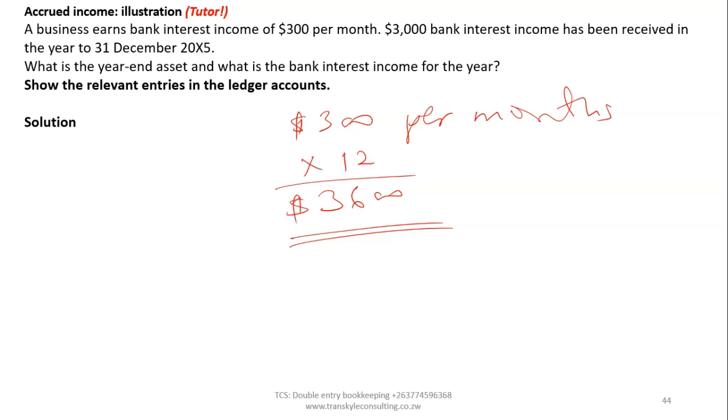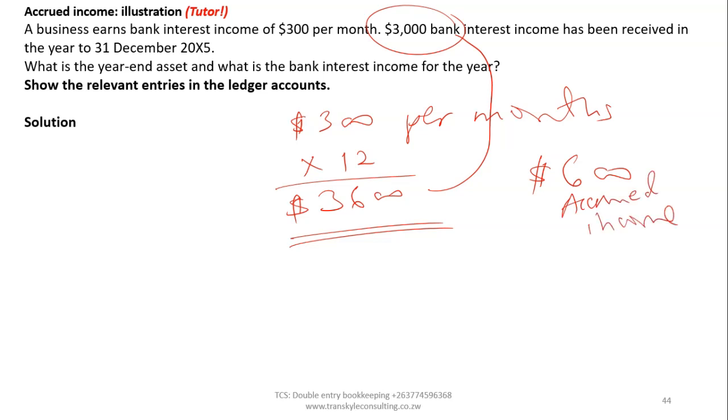But instead, they received only 3,000. So what was the balance? The receivable is 600. The accrued income, that's 600. So what is the double entry there?